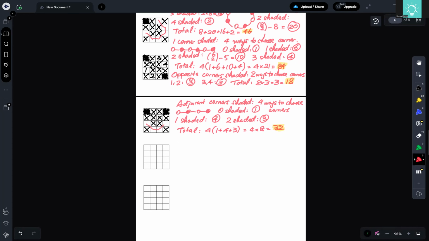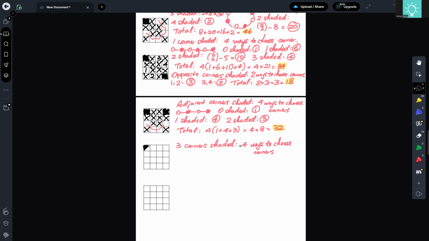The next case is if we have 3 corners shaded. How many ways are there to choose the corners? There are 4, right? There are 4 ways to choose which 3 corners you're going to shade because 4 choose 3 is equal to 4.